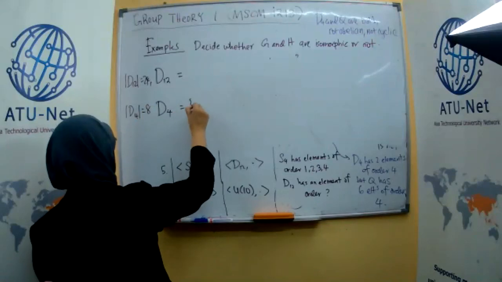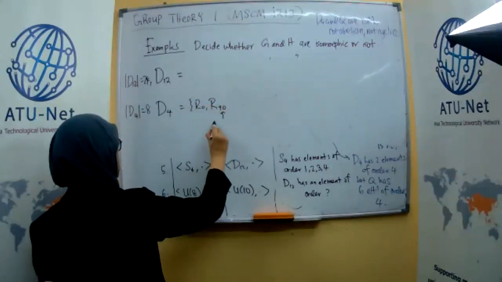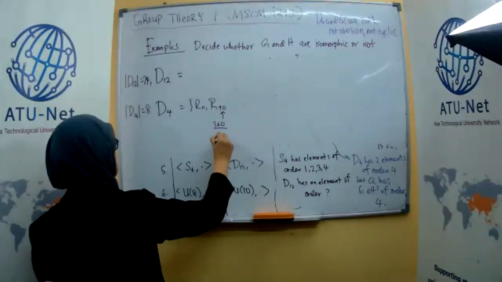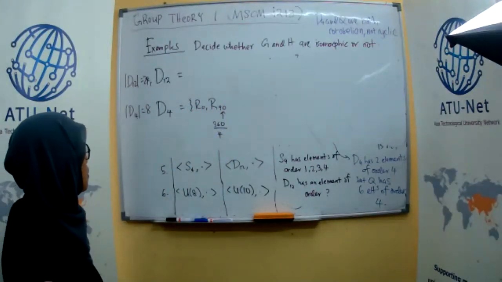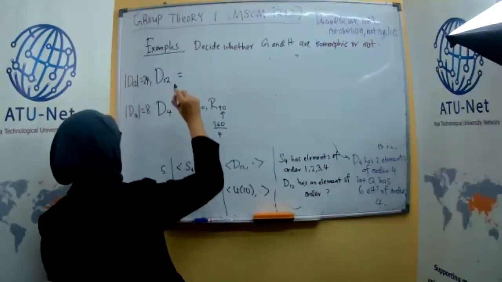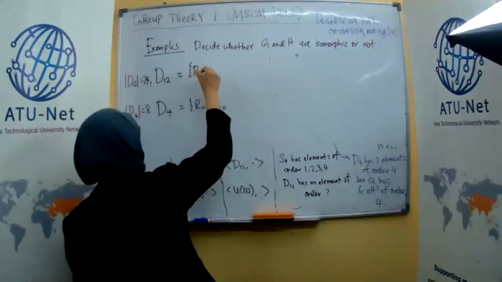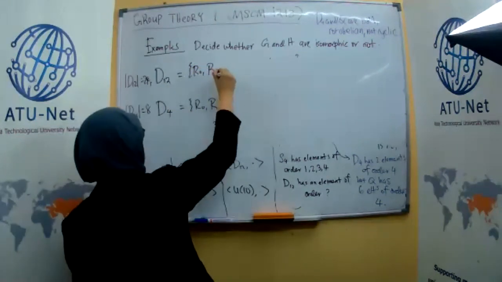Last time we did D4, of order 8. So I get R0 and then R90. How do I get this R90? I divide 360 by 4. I get that. What is 360 by 12? 360 by 12 is 30, right?